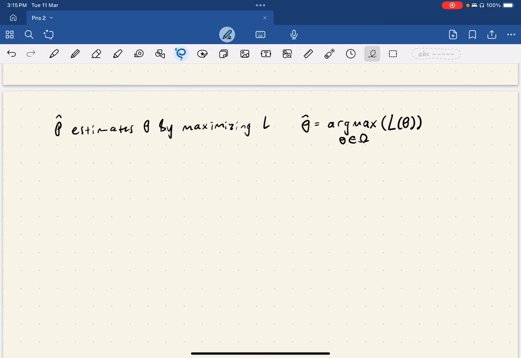Since it is the likelihood function, the sample is assumed to be fixed, and we only allow the value of theta to vary.